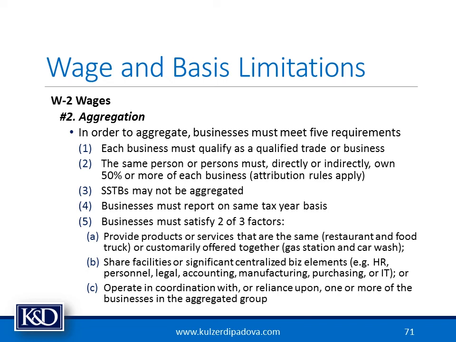Let's say you own a bunch of rental properties. They're all in individual LLCs, but all of the administration is performed through one parent operating company. That would satisfy the third factor here. So if you satisfy all of these five requirements, then you can aggregate the businesses. Like I said, this is meant for commonly owned businesses that are operating one line of business.